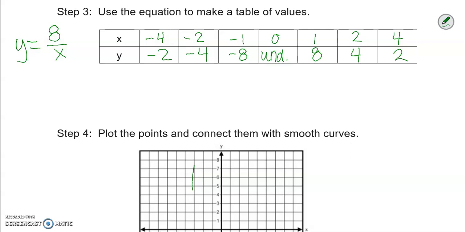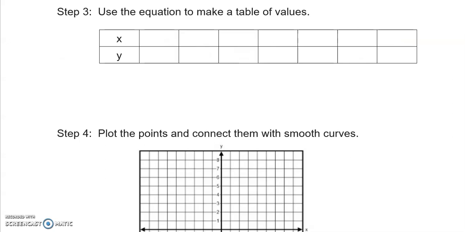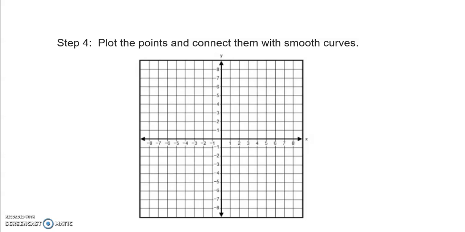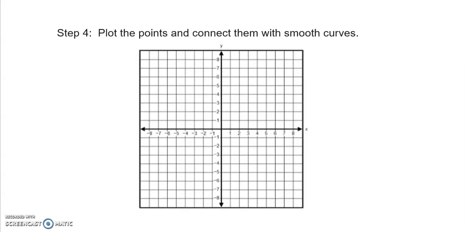Now we're going to plot those points on this graph over here. We had (-4, -2), (-2, -4), and (-1, -8).